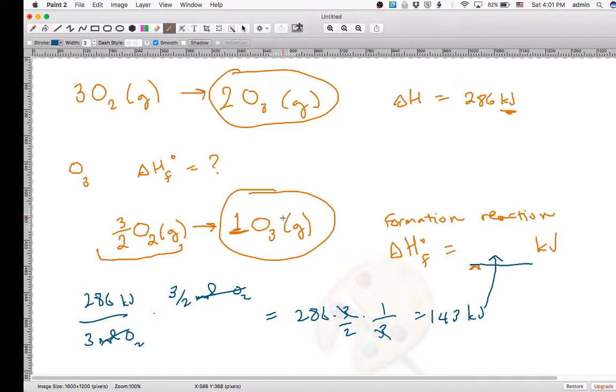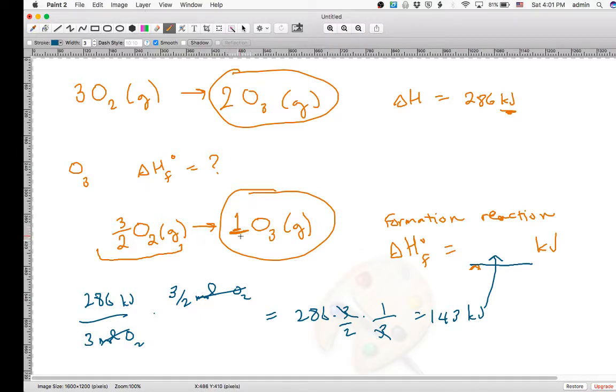By the way, it's interesting to note that this reaction is happening all the time. The UV radiation from the sun gives that 143 kilojoules to a bunch of oxygen molecules to run this reaction. But that's not all. In nature, air pollution is also involved.